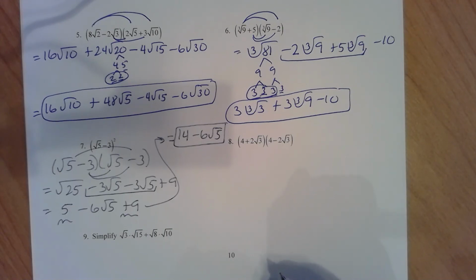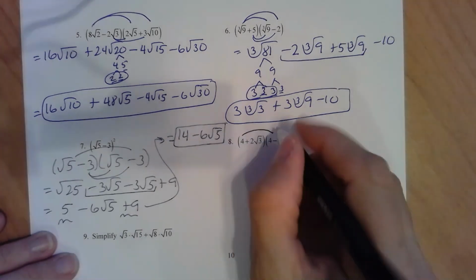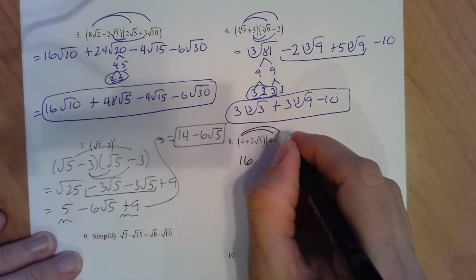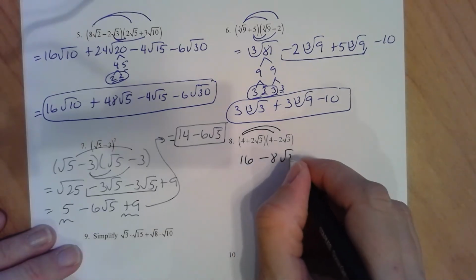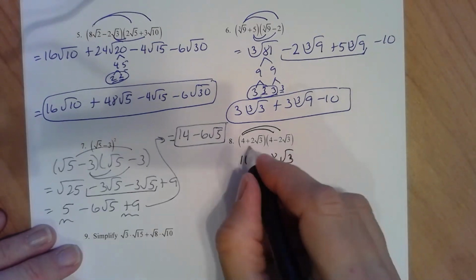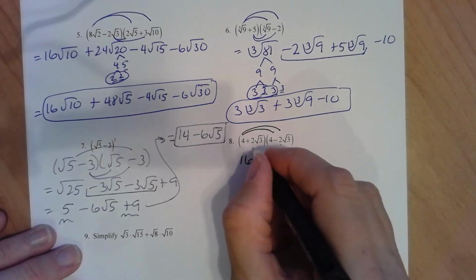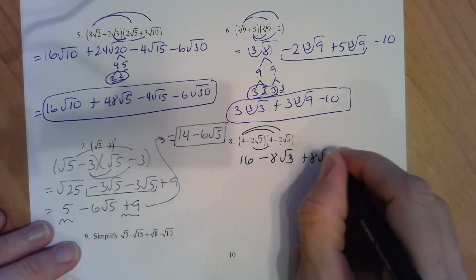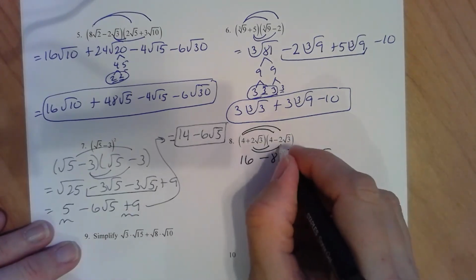Alright, so on number 8, let's go ahead and do the distributing. We have 4 times 4, which is 16. Outer is going to give me negative 8 square root of 3, because 4 times negative 2 is negative 8. Inner gives me a positive 8 square root of 3. Now what does the last give me?